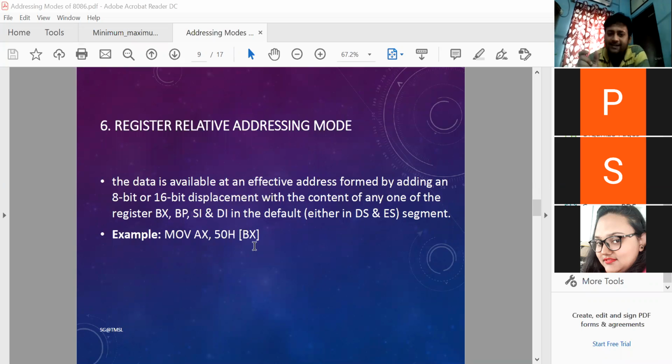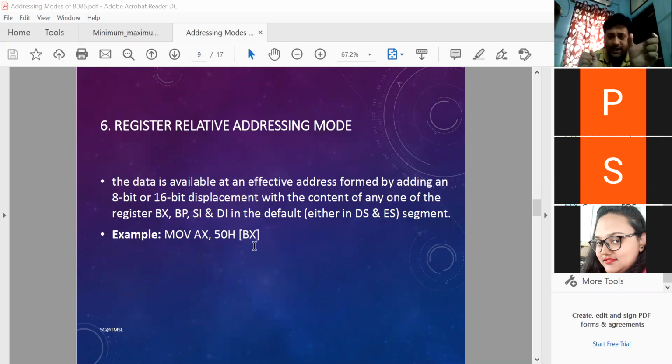So the physical address will be 3000 into 10h plus 1000 plus 50.